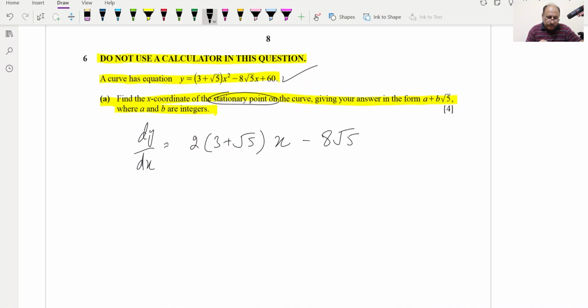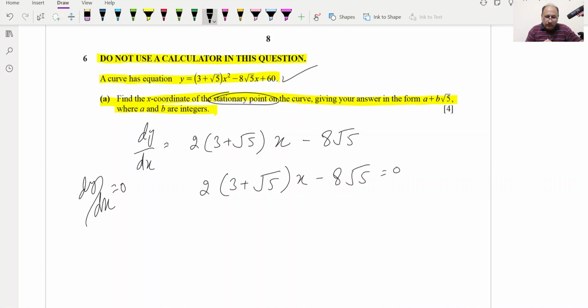So this will be the derivative. And for the stationary points, we will put dy over dx equal to 0, and this implies 2 into 3 plus root 5 times x minus 8 square root of 5 is equal to 0.